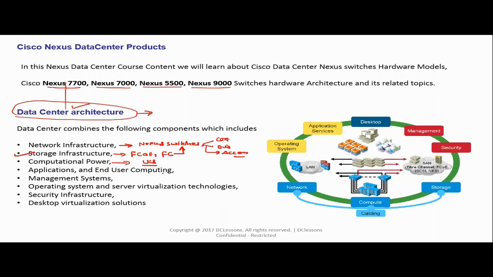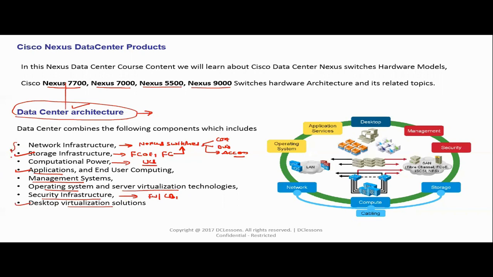Cisco is providing the UCS chassis, which is used as a compute server to provide the virtualization environment. Then there are end user and application computing, management systems, operating systems, and server virtualization technologies. In security infrastructure, we can talk about firewalls, load balancers, etc., and the desktop virtualization solution.